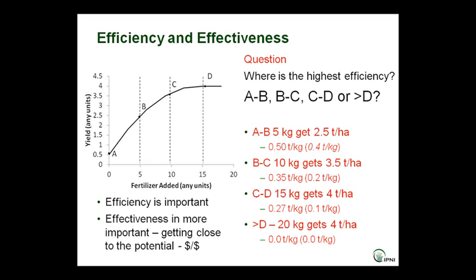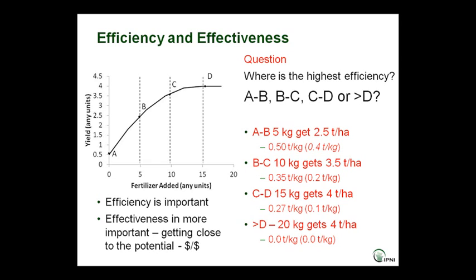So where is the most efficient place on that graph to put the first kilogram of nitrogen, or phosphorus, or potassium? Okay, here, 0. The most efficient way to use fertiliser is not to use any, okay? Because that's where you get the biggest return for the lowest input.